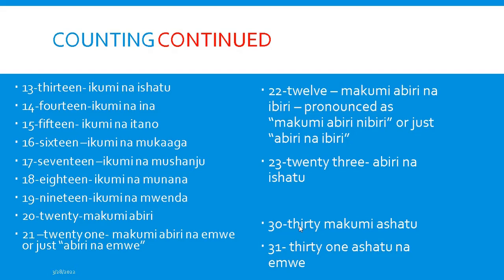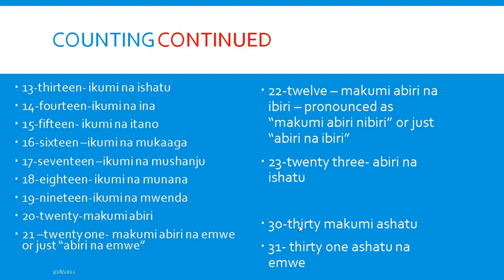Because 20 is abiri, when you add 3, abiri na ishatu. If it was 24, we should have said abiri na ina. We got 30. 30 is makumi ashatu, or you can say ashatu.